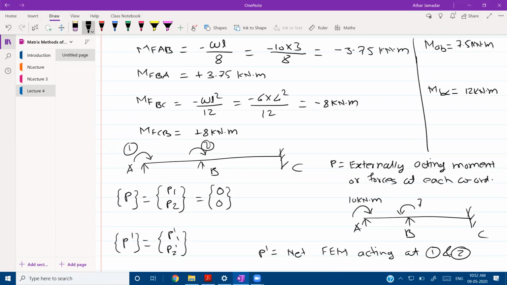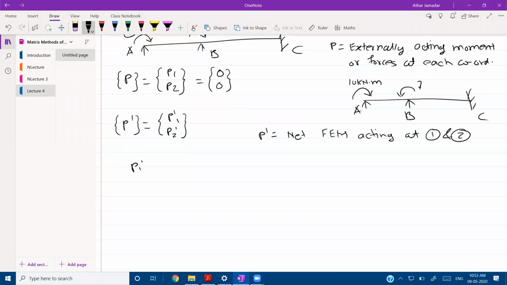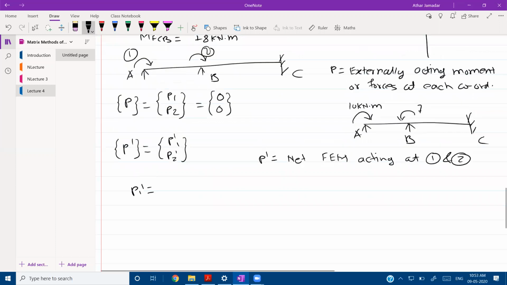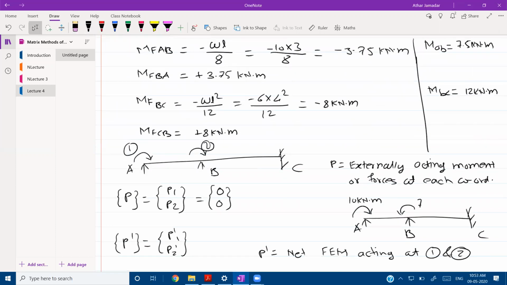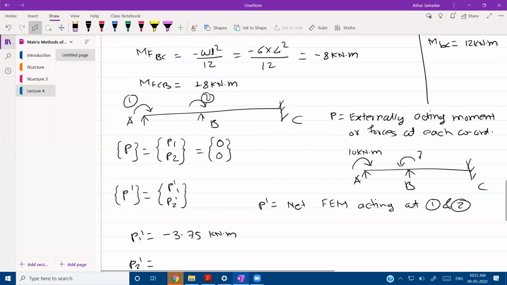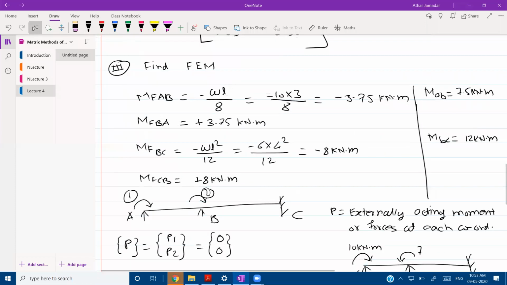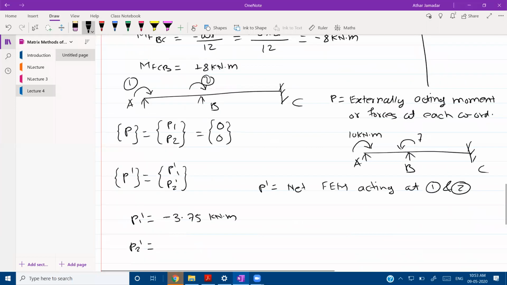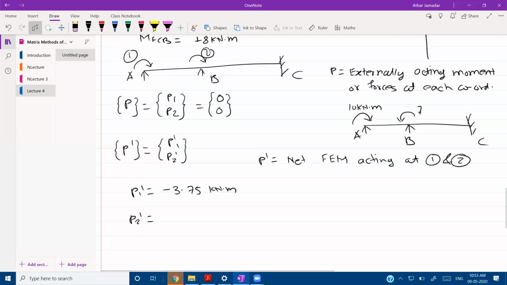So now P1 dash will be only value of MFAB. So MFAB is minus 3.75 kilonewton meter. So this will be now my P1 dash value. Now P2 dash means at point B how many FEMs are acting. So there are now two FEMs. First one is this MFBA and next one is this MFBC. So P2 dash will be, value of MFBA is 3.75 kilonewton.